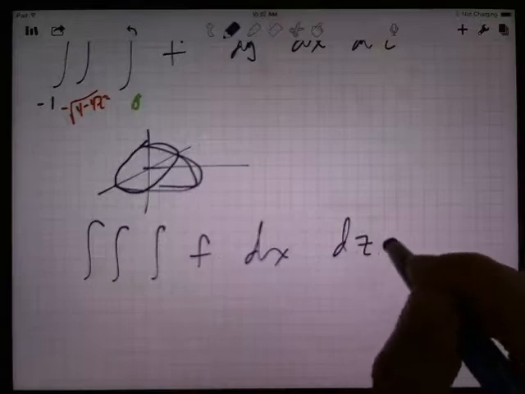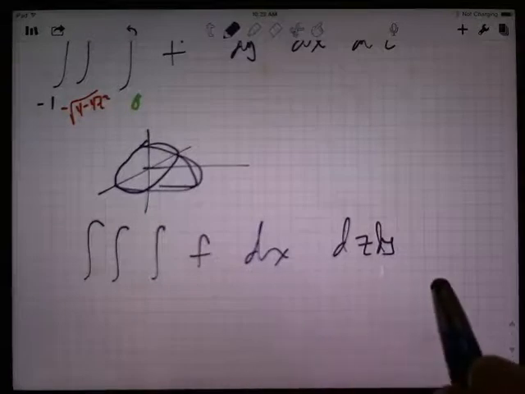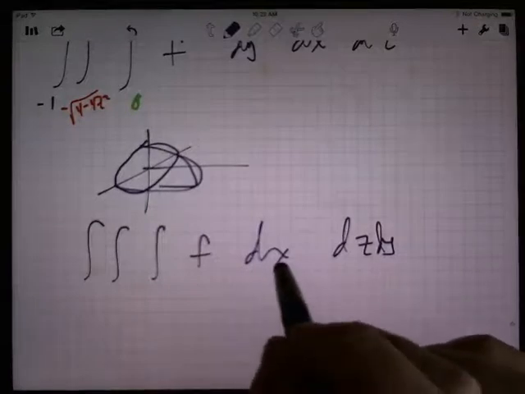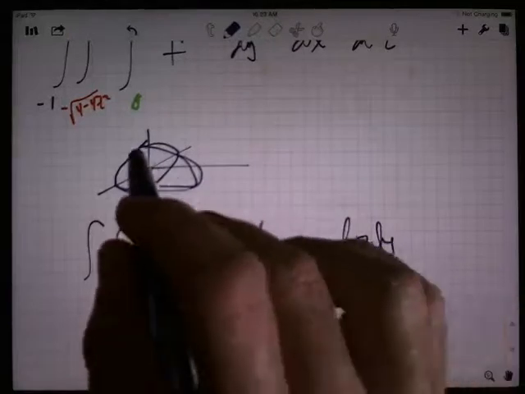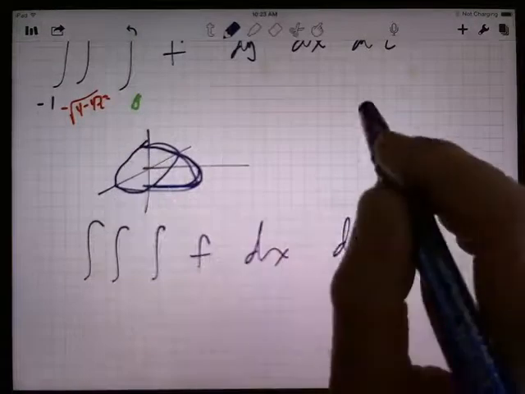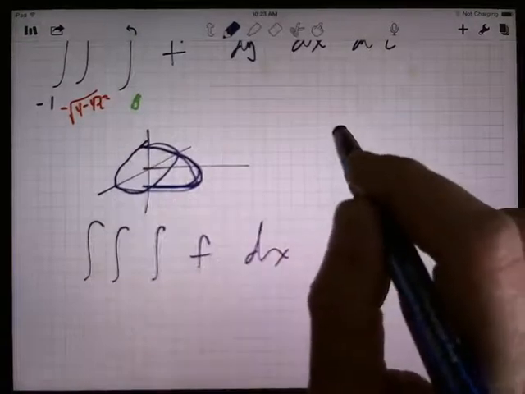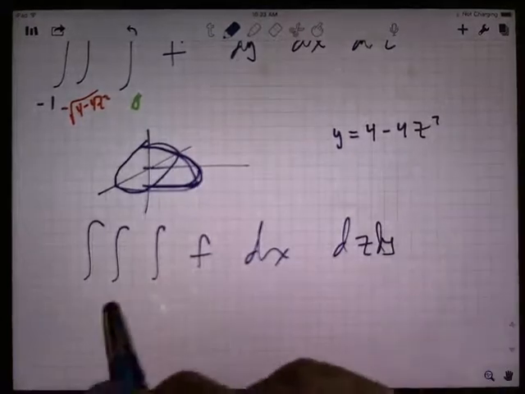Let's do dz dy first. The thing is, with x on the inside, I'm kind of focusing on the yz plane on the outside. So there's this parabola in the yz plane, which was y equals 4 minus 4z squared.